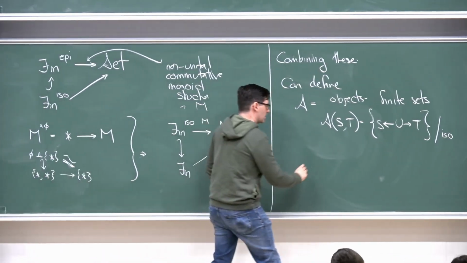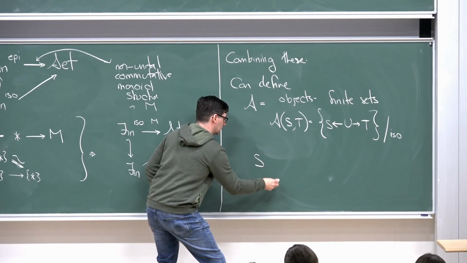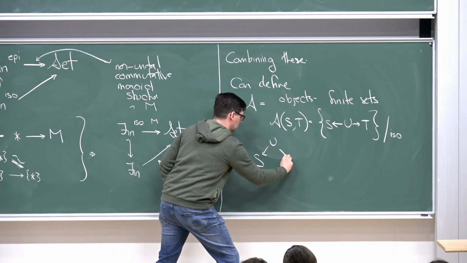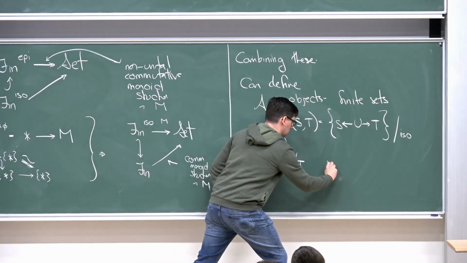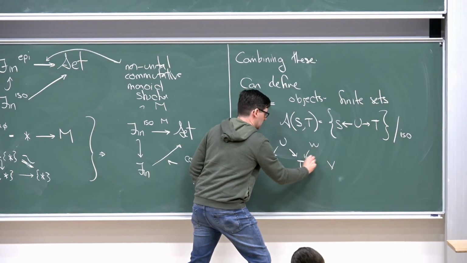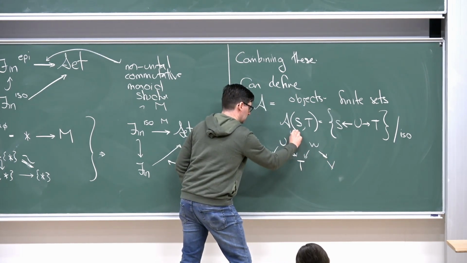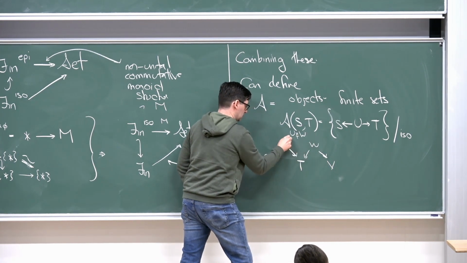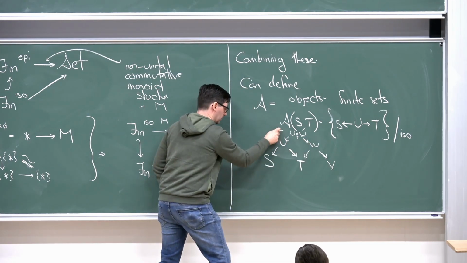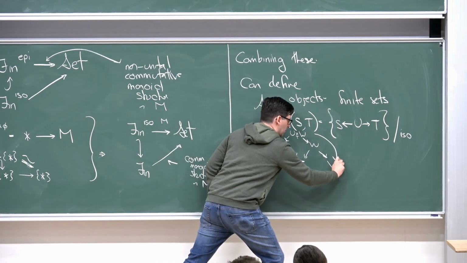And here the composition of such a correspondence is given by pullback. So here's my composite of the two spans.